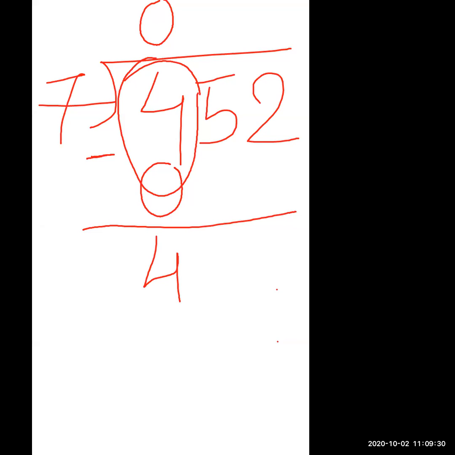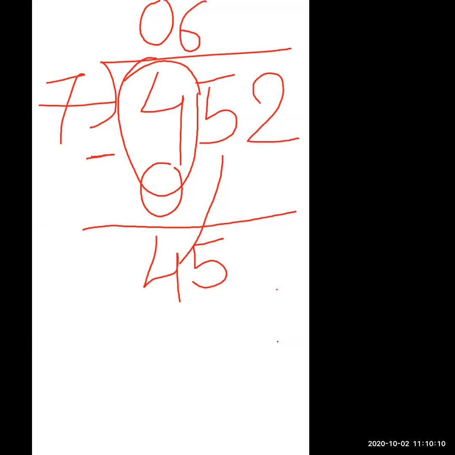Now go to the next number, that means 5. Now the number is 45. 7 ones are 7, 7 twos are 14, 7 threes are 21. Learn the table yourself and listen here. 45 is not there in the table of 7. If the same number is not there in the table of 7, you take the smaller number. 7 sixes are 42.